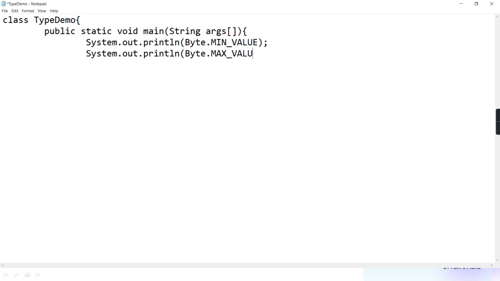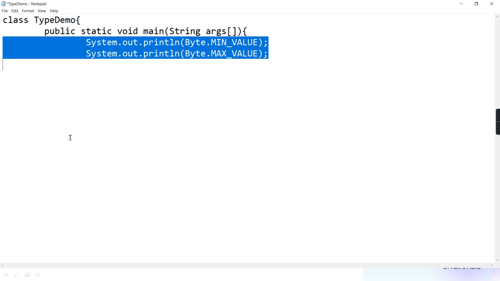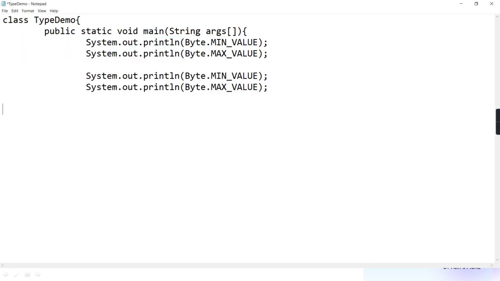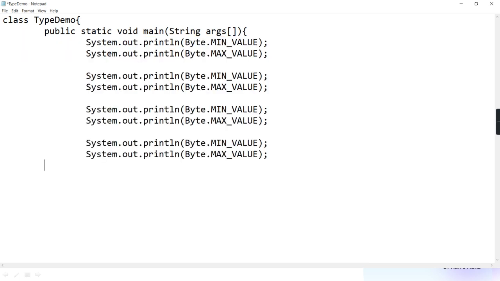So I hope you are getting some applications of these wrapper classes. This is a wrapper class of the corresponding byte. Same way you can try printing for short, for integer, for long. Getting? I'll just change the class names. Here I'll make it Long, here Long. Just see to it. Don't write L small. Why is L small not allowed?